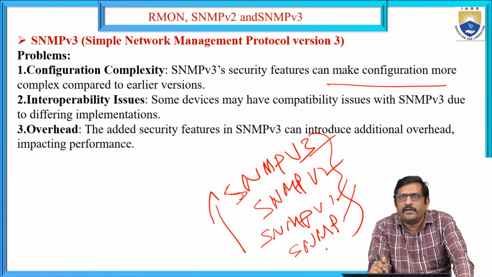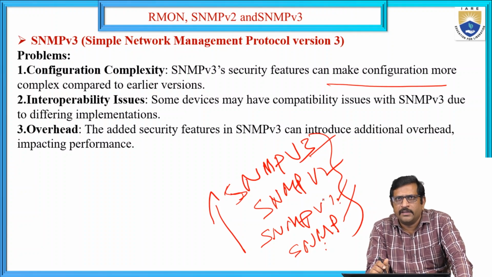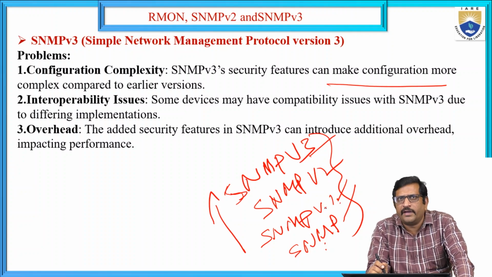SNMP and SNMPv1 have fewer security features, so we can easily configure those protocols. SNMPv3, compared to all these protocols, has more configuration.